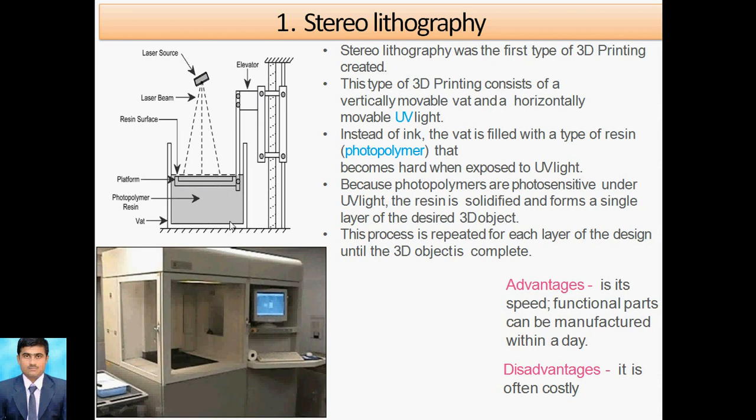This resin, or photopolymer, solidifies by one single layer. According to our object, it finalizes by repeating the process for each layer, and this object is produced. So this is stereolithography.